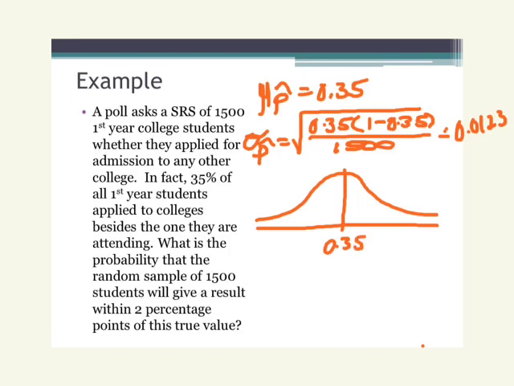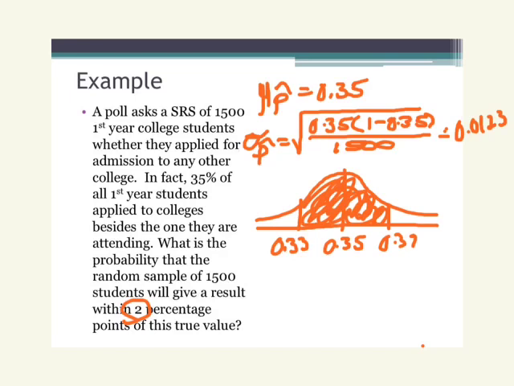And what we're being asked here is that our sample proportion will give a result within 2 percentage points of this value, 0.35. So that means we're trying to find the area from 0.33 to 0.37. So we'll shade in our normal distribution there, and that's the area that we're trying to find.